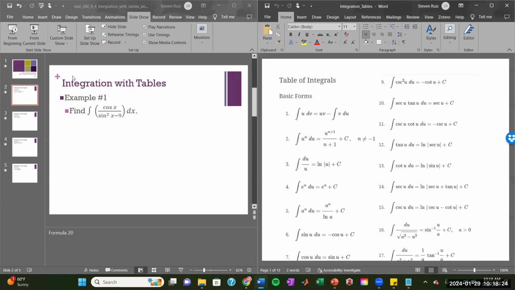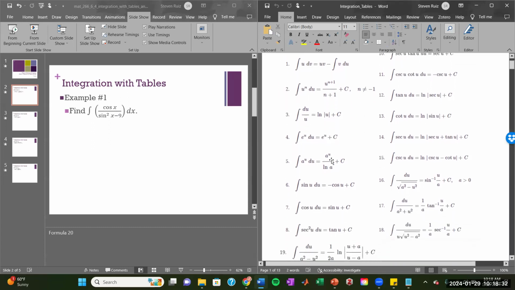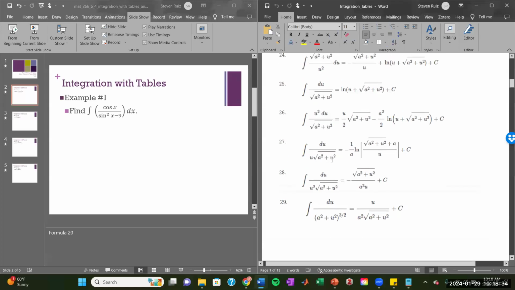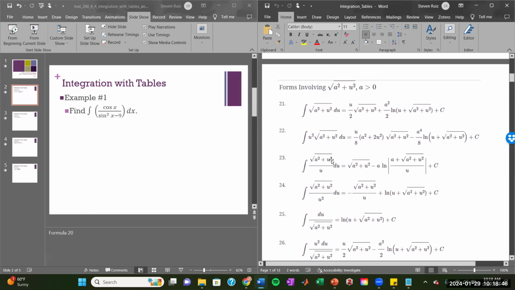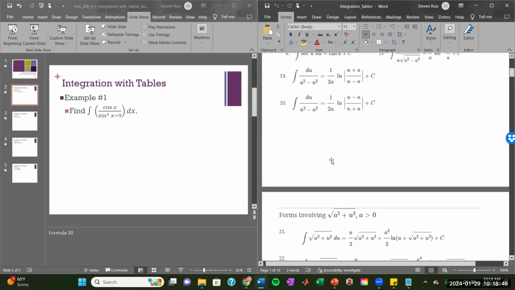We want to find one that helps us with this integral: cosine of x over sine squared of x minus 9. There are 120 things on here, which is a lot, but it's not exhaustive. I can't write down a table for every single possible function that I might ask you to integrate, so it tries to condense them into certain forms.